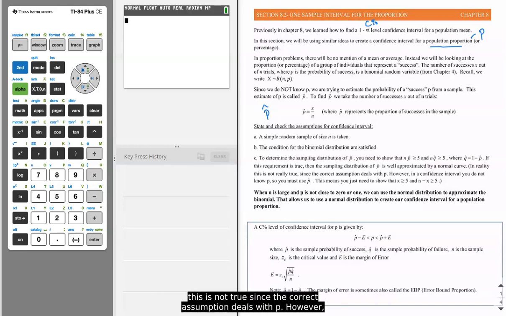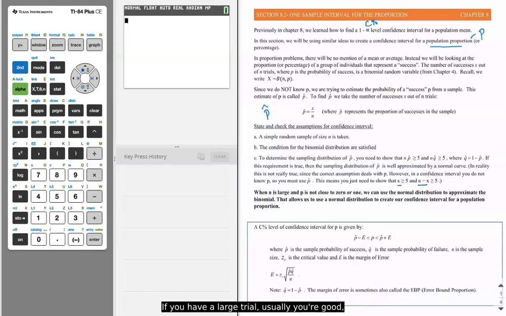Now, in reality, this is not really true, since the correct assumption deals with p. However, in a confidence interval, you do not know p, so you must use p hat. We don't know the population proportion, so we're using the sample proportion. Really what we need to show is that the number of successes is greater than or equal to 5, and the number of failures is also greater than or equal to 5.